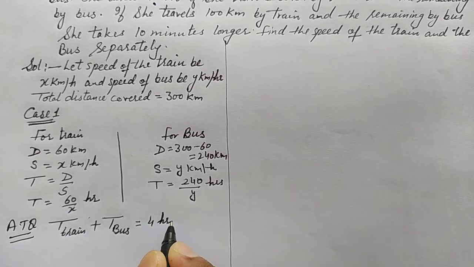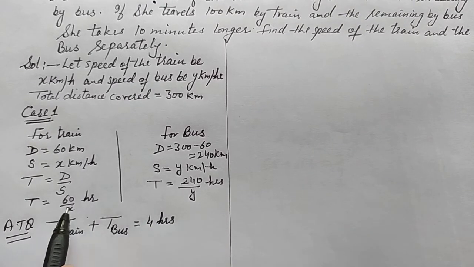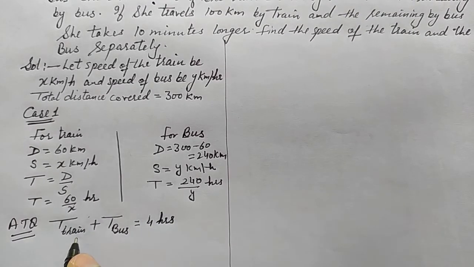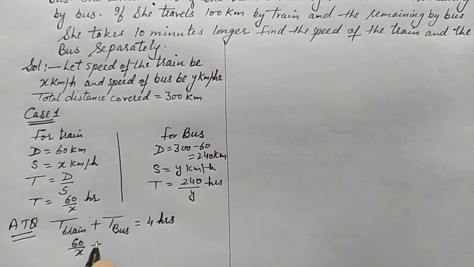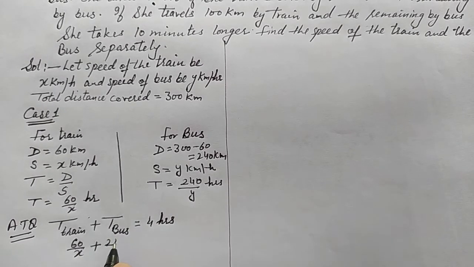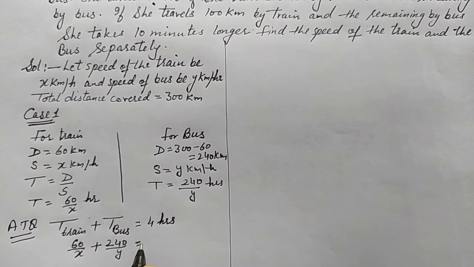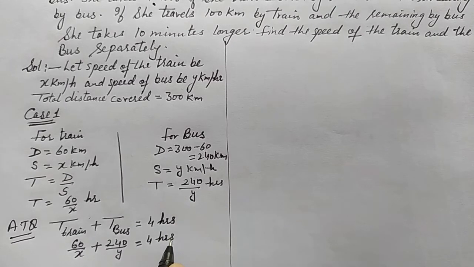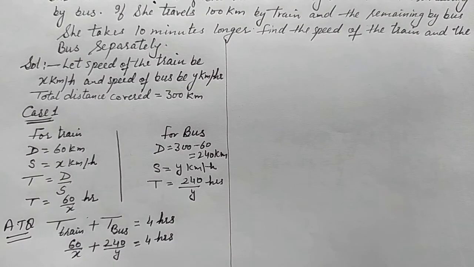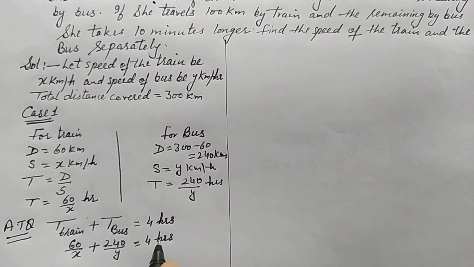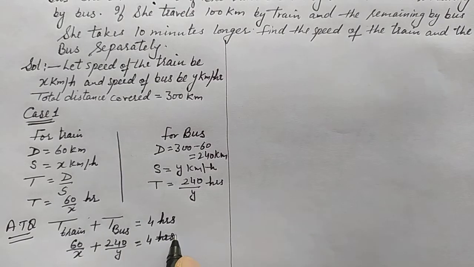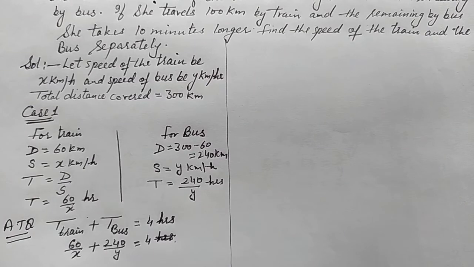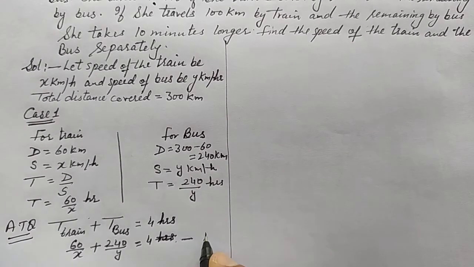This will be our first equation. The time taken by the train is 60 over x, plus the time taken by the bus, 240 over y, is equal to 4. You cannot write units in the equation, so leave them. This will be our first equation.